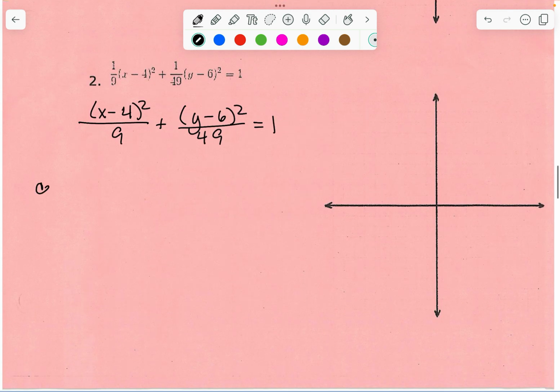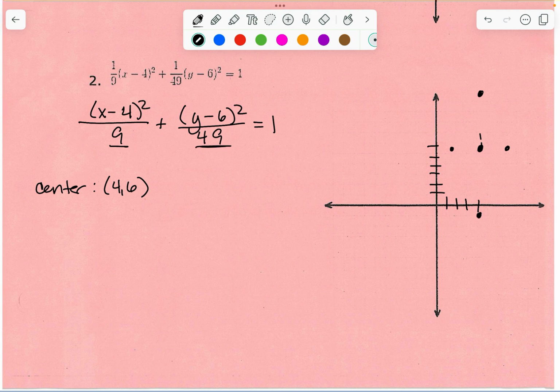All right, center is at 4, comma 6, right there. Side to side, I'm going to go forward 3 and backwards 3, and then I'm going to go up 7 and down 7 from here.